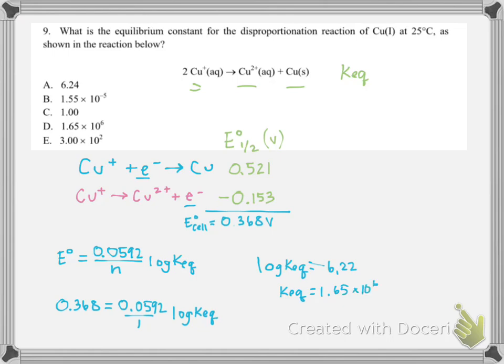A big guy. That's a big one. Definitely products favored. Okay, and that answer is just D there. Okay, so they don't give us a lot to work with at the beginning, but that's okay, because we can slow down, see that this is a redox reaction, split it in half reactions, and then we'll be good to go.